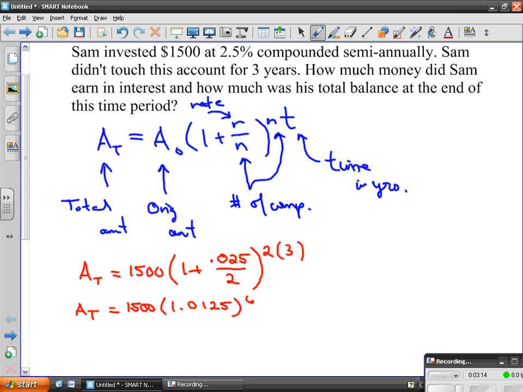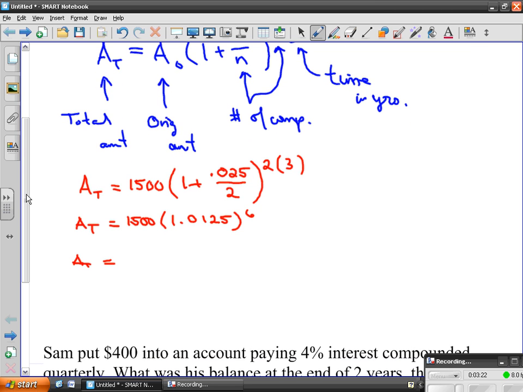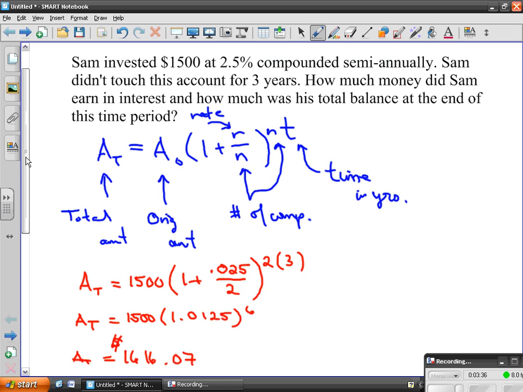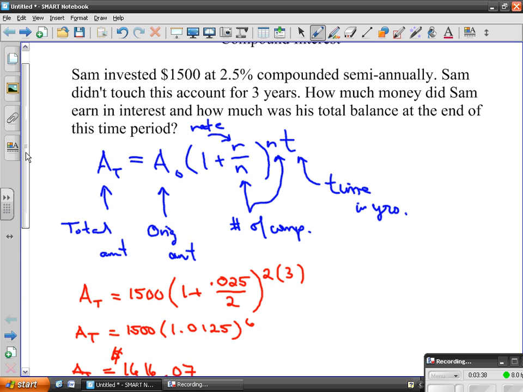And I'm getting that the total amount, now I'm going to round to the nearest penny here because the context is money. So instead of going out to 4 or 5 decimal places, which makes no sense, I'm going to say $1,616.07. Now the question asked me 2 things. The original question said, how much money did Sam earn in interest, and how much was his total balance?